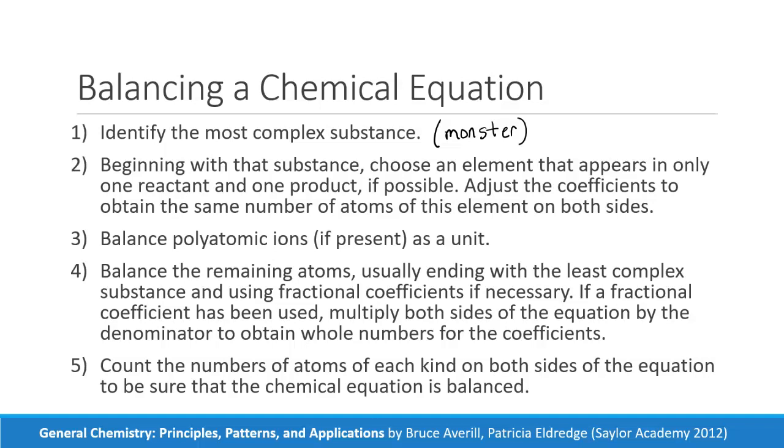Okay, so once we've identified that monster in the reaction, we want to choose an element that appears only in one reactant and one product, if possible, and adjust the coefficients to make that element the same number of atoms on either side. Step 3, we are going to balance polyatomic ions.